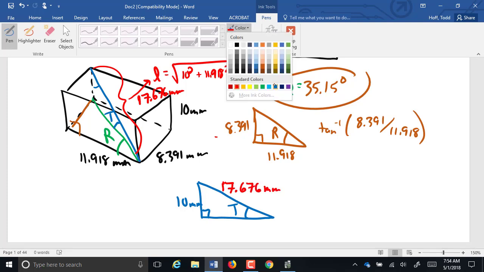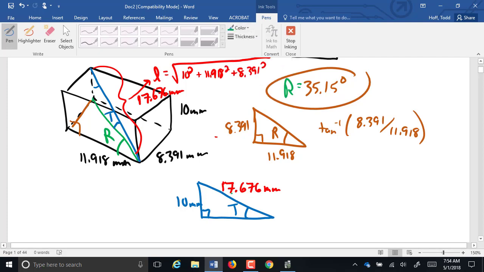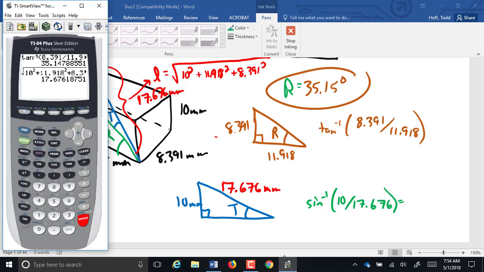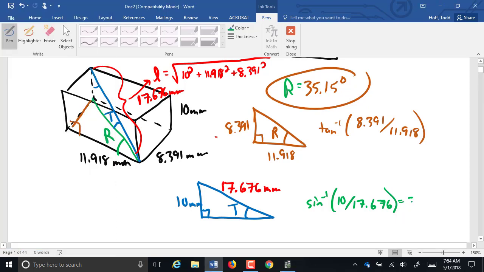So how do we find T from that? Opposite over hypotenuse. There we go. Inverse sine of 10 over 17.676. 34.45.